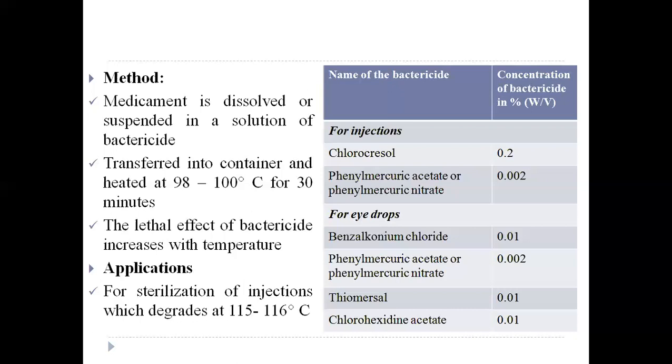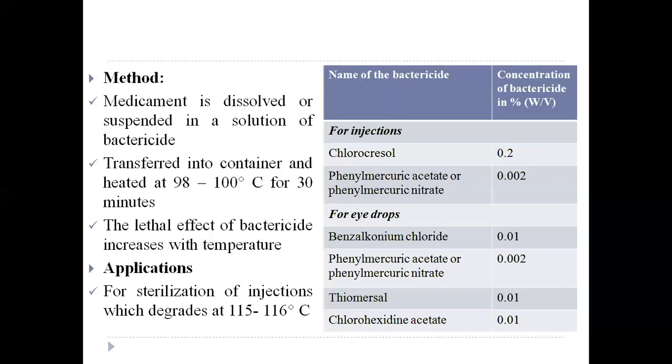Next, coming to application. Generally, this technique is employed for sterilization of injections, and particularly for those injections which degrade at around 115 to 116 degrees centigrade temperature. So those injections or preparations which degrade at 115 degrees centigrade should be subjected to this sterilization technique.